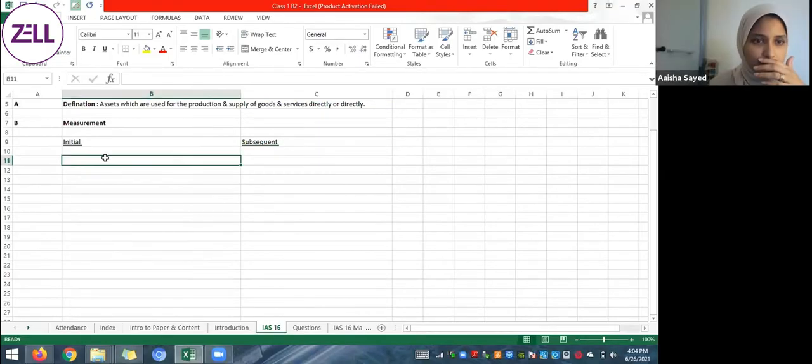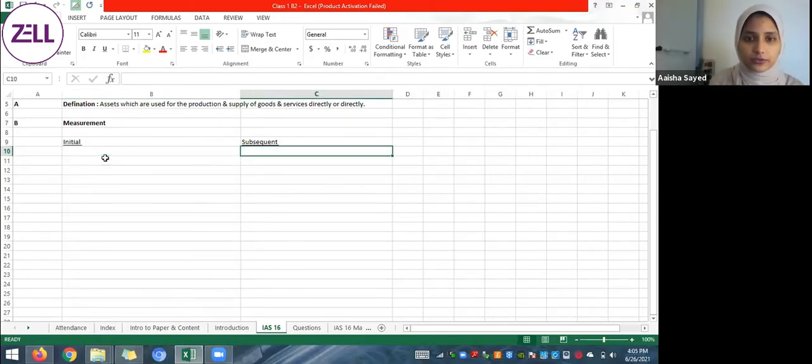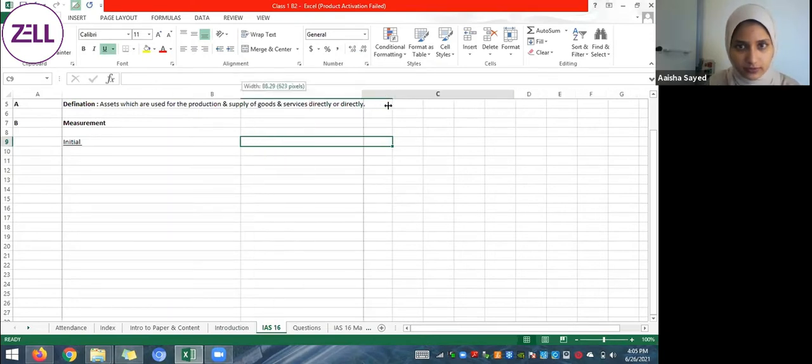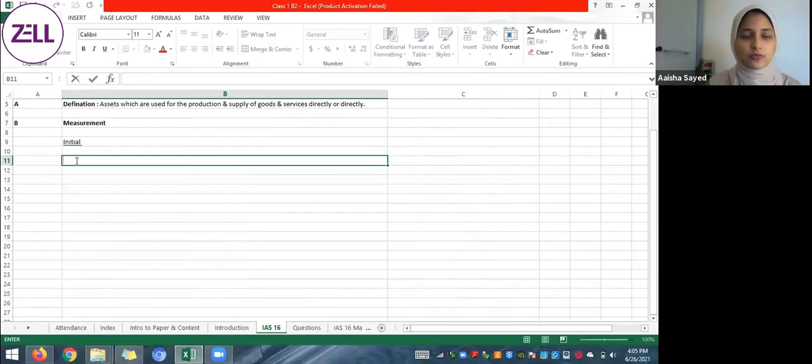I'm not going to do subsequent measurement parallel at the side. I'll do it below only. Initial measurement is going to be, okay, before I give you all the definition, I want you all to think of it. I'm ordering a machine from Japan and it's going to be delivered in Mumbai.